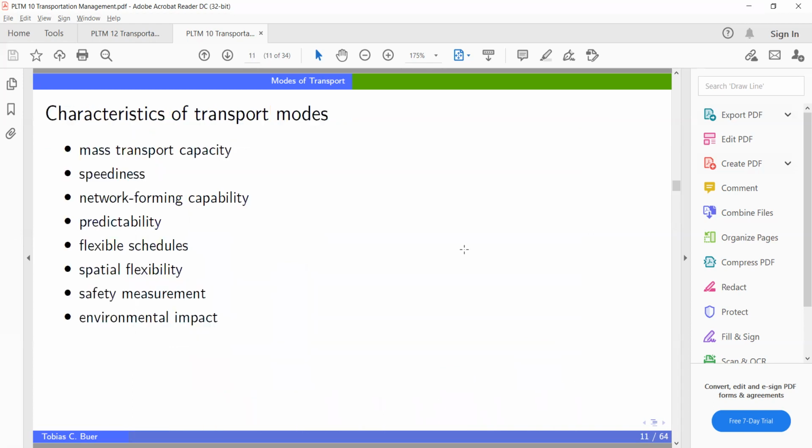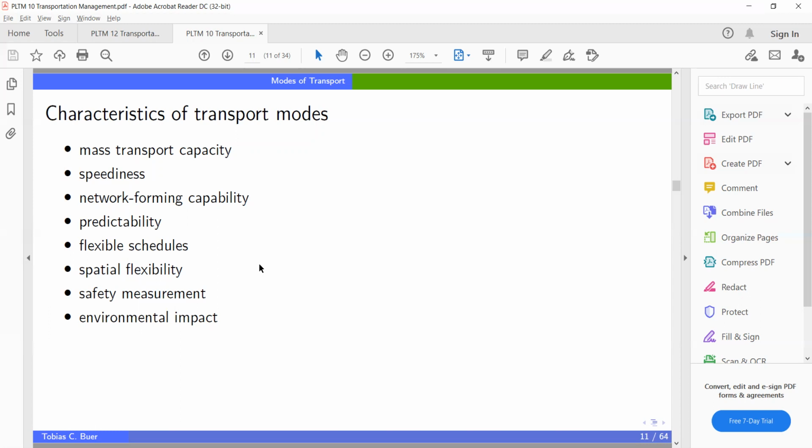We have some characteristics, how we can characterize the different transport modes. This is explained in more detail in the recommended textbook, so have a look at this textbook. And then we can characterize every mode of transport according to these characteristics.